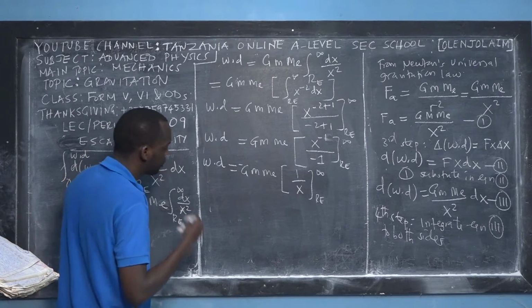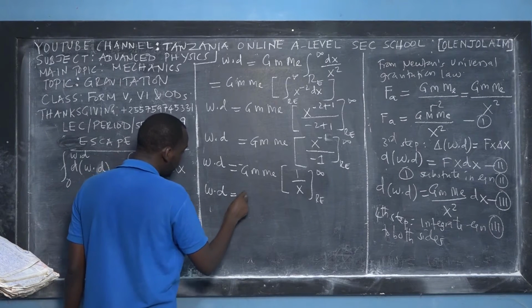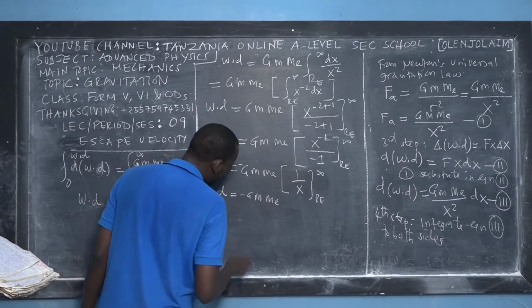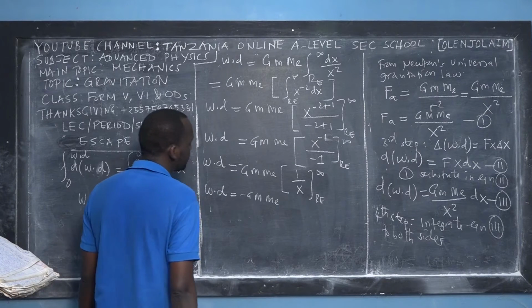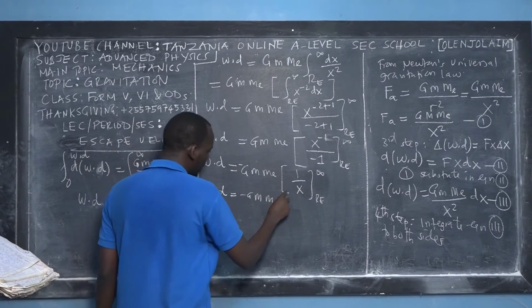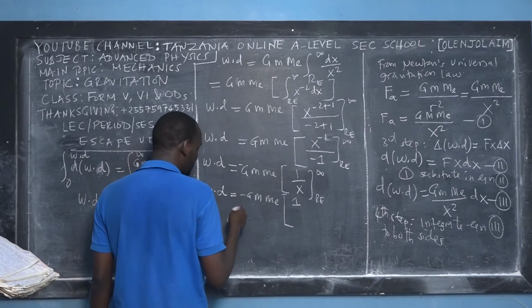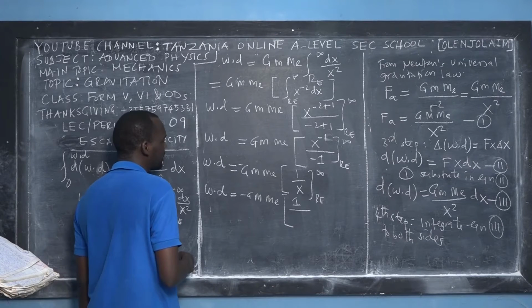Okay? So if that is the case, listen carefully on substitution of the limits there. Negative G, mass of the body, mass of the Earth, and then we say that the multiply is 1. What is this constant? It is 1, then gravitational constant.